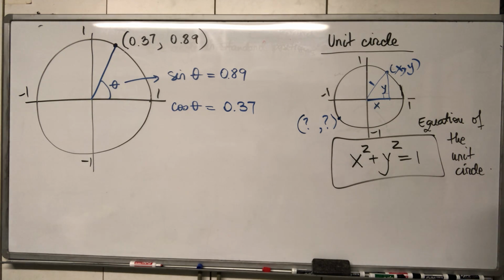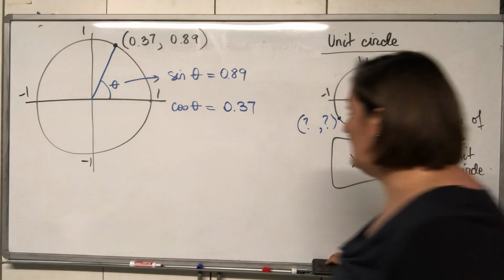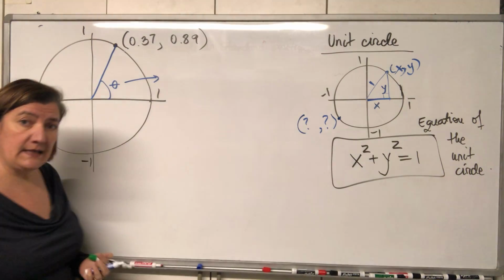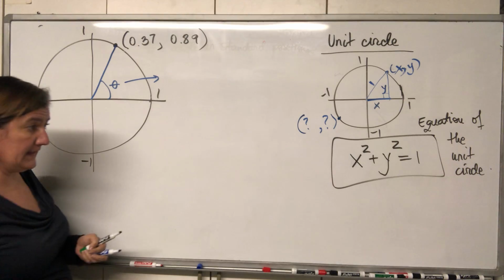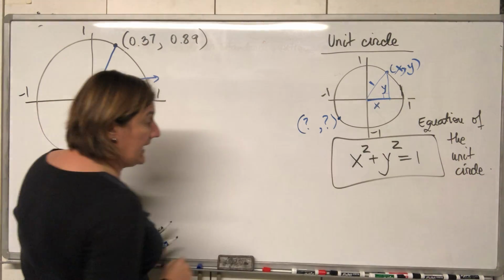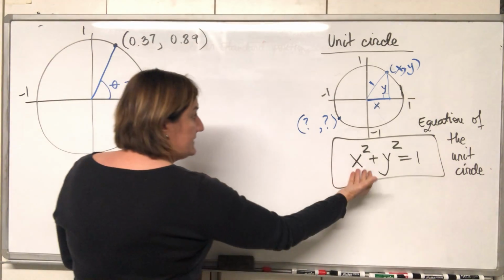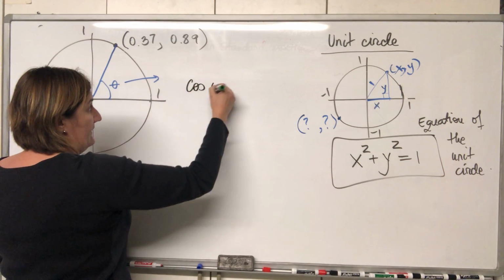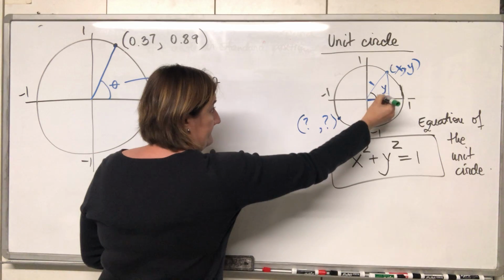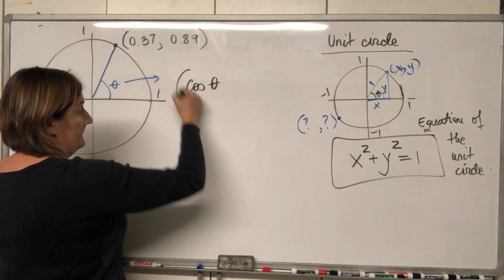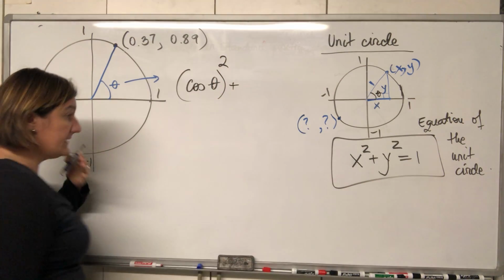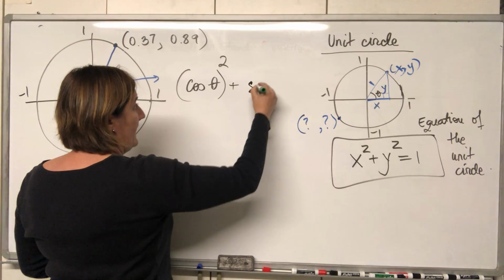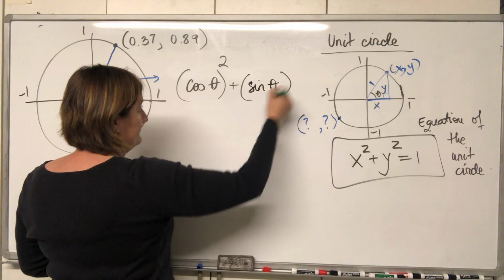That being said, we are coming up with a very important equation that's going to relate the sine and the cosine values. What does the x-coordinate equal? It equals the cosine value of some angle theta. What does the y-coordinate equal? It equals the sine value of this angle theta.